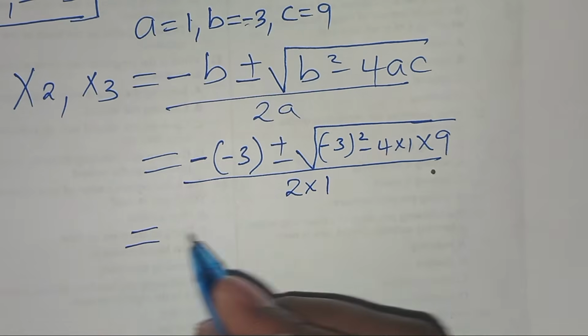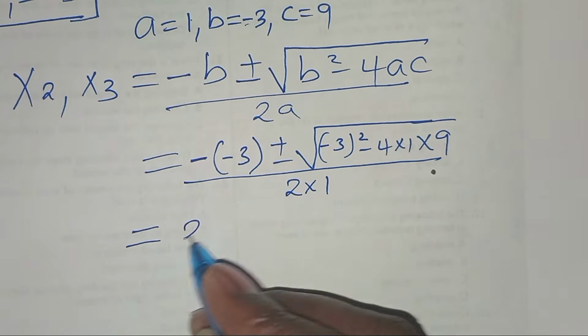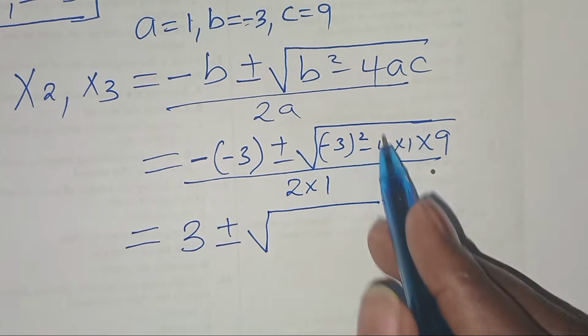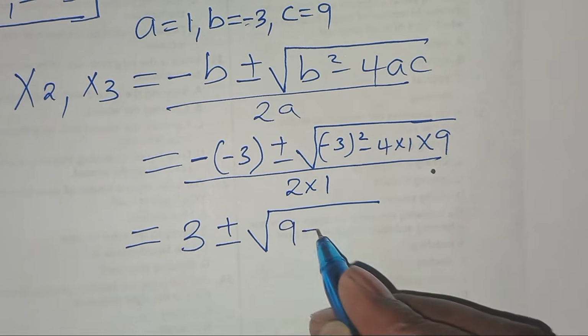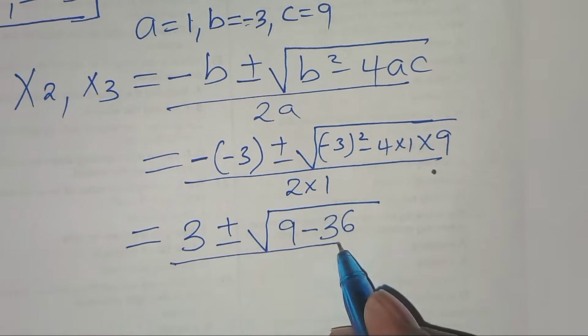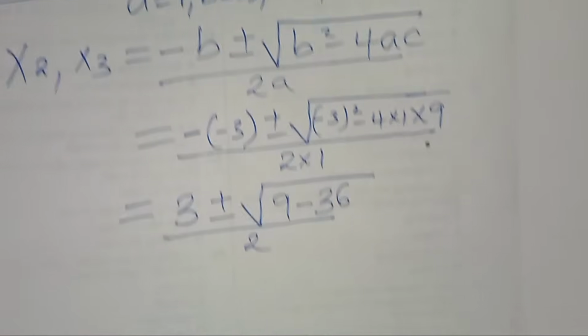The second step here, negative times negative 3 is 3, plus or minus the square root of negative 3 squared, this is 9, subtract 9 times 4, this is 36, all divided by 2.